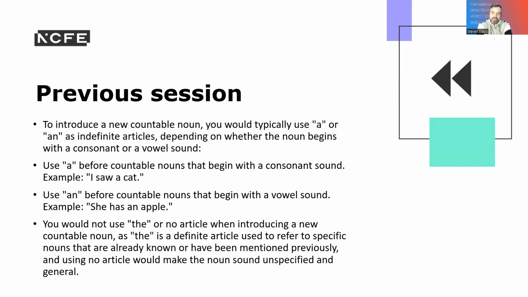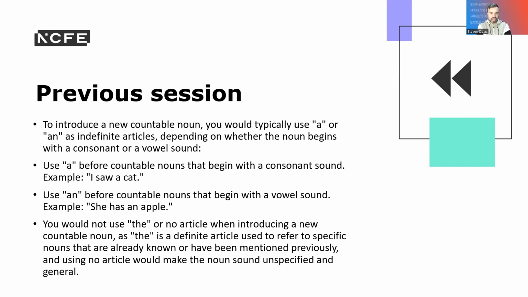So to introduce a new countable noun, you would typically use a or an as indefinite articles, depending on whether the noun begins with a consonant or vowel sound. So you use a before countable nouns beginning with a consonant sound. Example, I saw a cat. Use an before countable nouns beginning with a vowel sound.